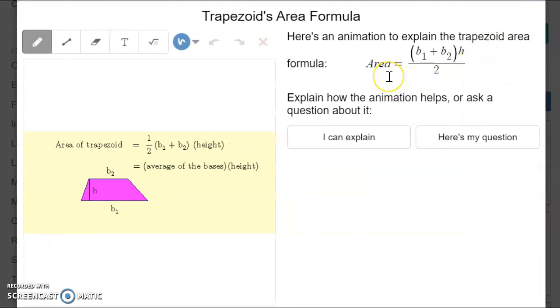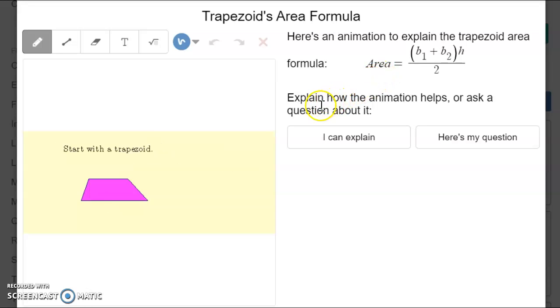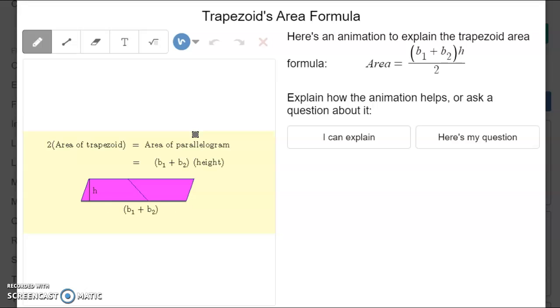And here's the animation to explain the trapezoid area. So what's going on here? You start with the trapezoid, then you make 2 copies of it, then slide it up, and notice that this is now the area of a parallelogram. Now there are 2 pairs of parallel sides, and that's B1 and B2.